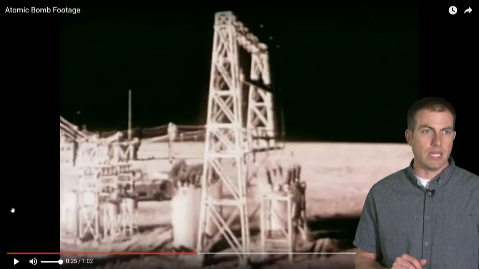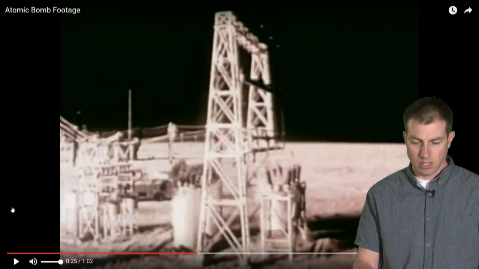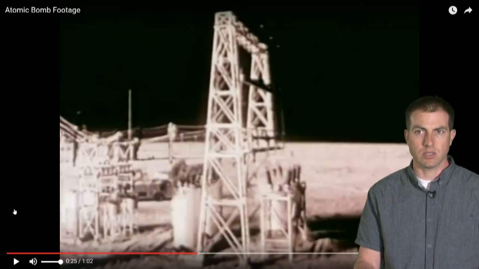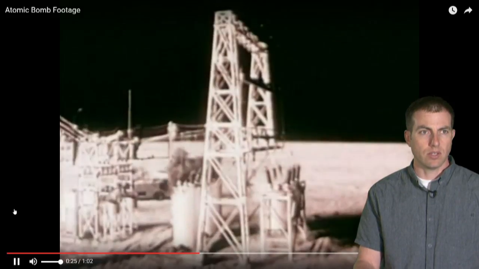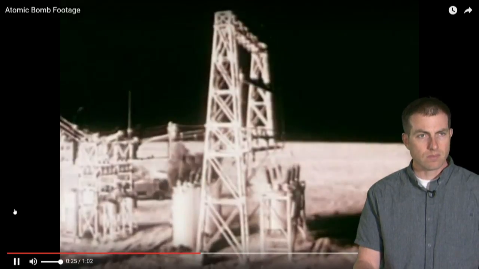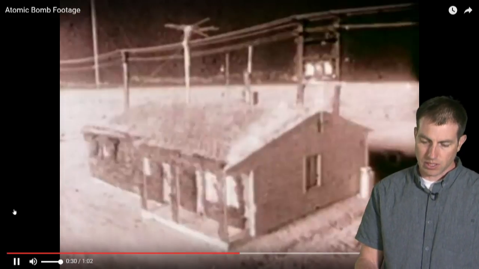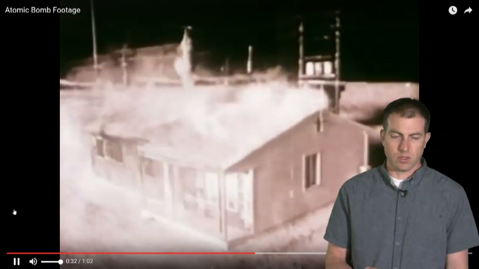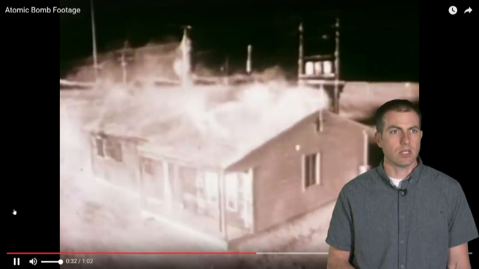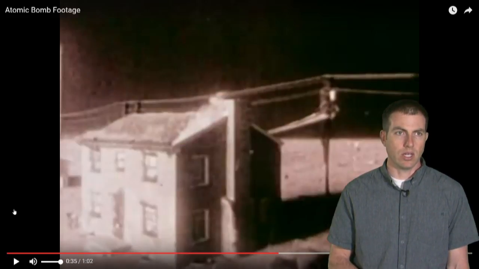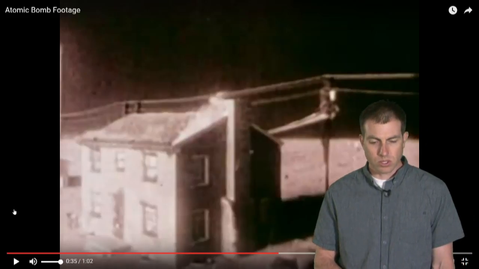You can see the paint and stuff on the power station, especially kind of like in this area here. Everything just kind of vaporizes that's not strong. All the radiation that's kind of released would burn you. And then the shock wave comes through and essentially knocks everything over. And this happens again and again and again. And you can see it, vaporization, and then you get your shock wave, which knocks everything down.